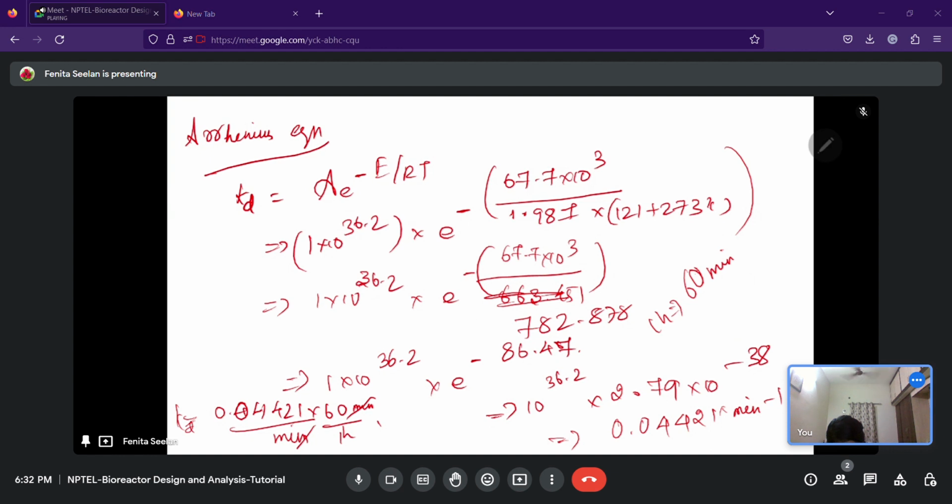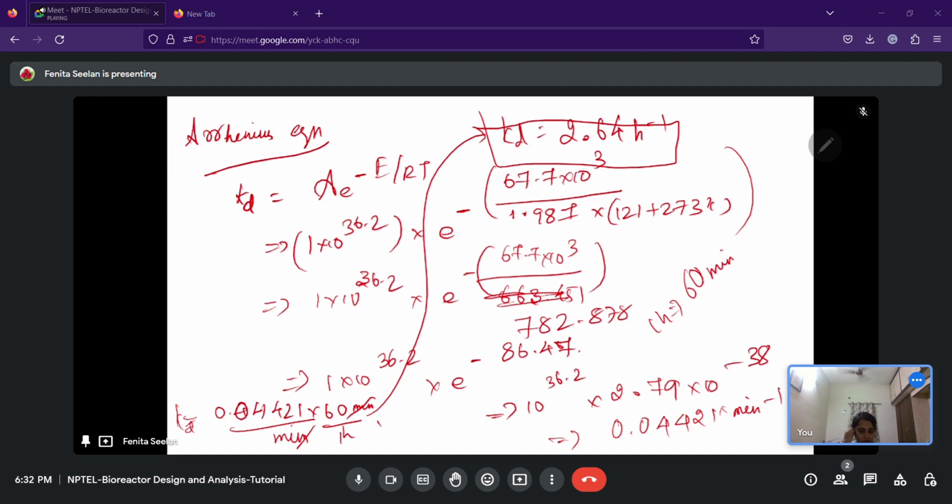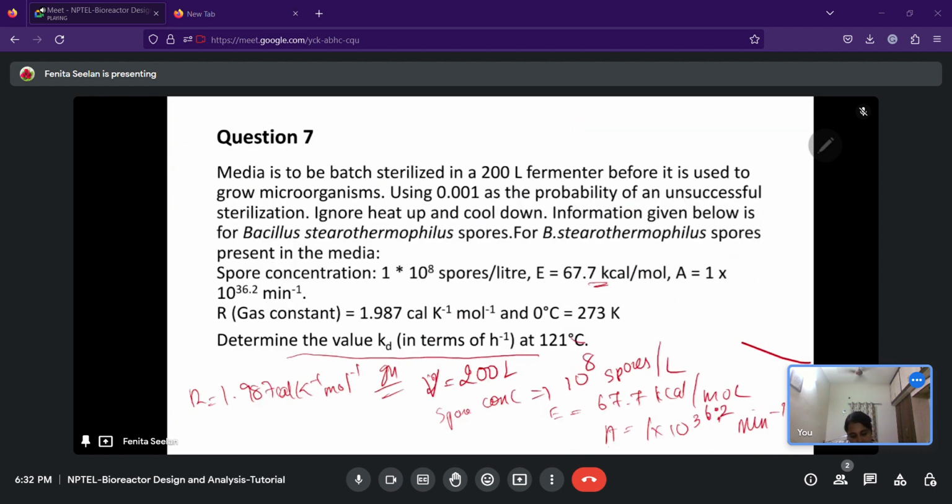The kD will now become 2.64 per hour. So this is the answer. So the answer is kD is equal to 2.64 into 10 power, it is per hour.